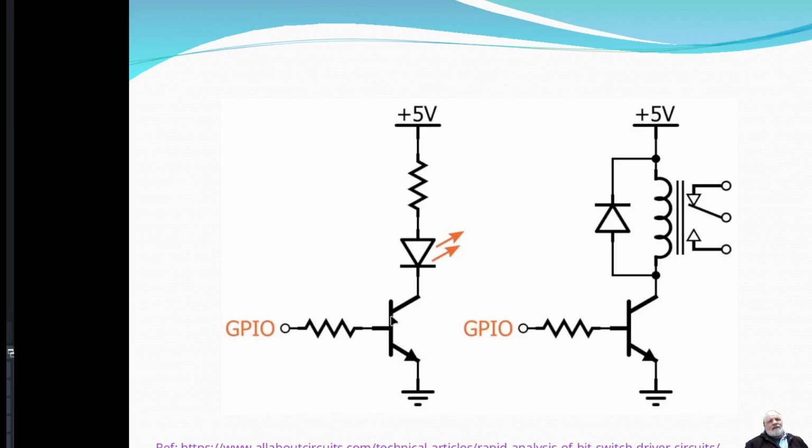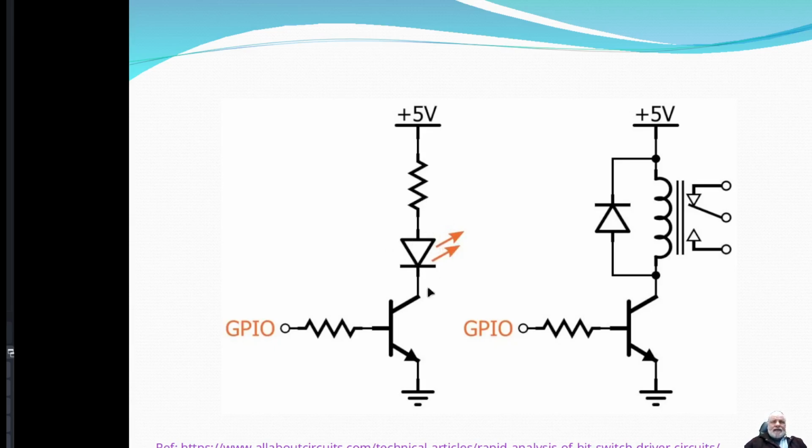Then you have this transistor, and that will give you a maximum of how much current this transistor can handle. If you still need more current, you would use this transistor to drive maybe another transistor circuit or a relay or something like that.